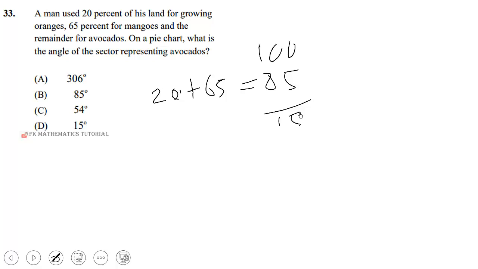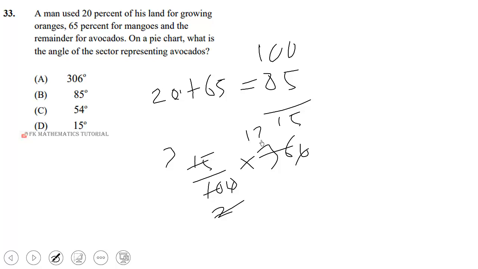So 15% of the sector, which is 360 degrees. So 15% of 360 degrees should be 54 degrees.